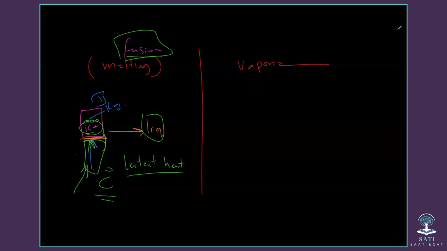And latent heat of fusion, which is Q, equals the mass of the object times the specific heat of fusion constant. What is this one here? Specific heat of fusion. It's the heat that is given for 1 kilogram of a material to change it from solid into liquid.